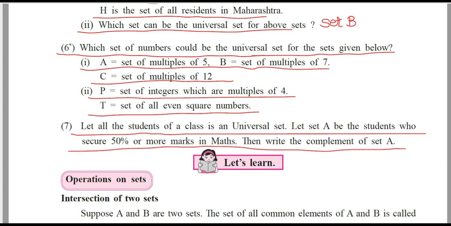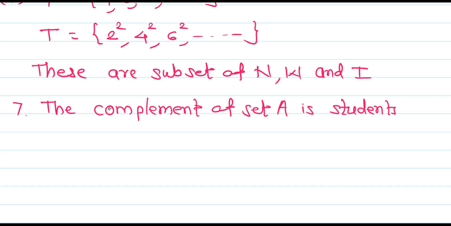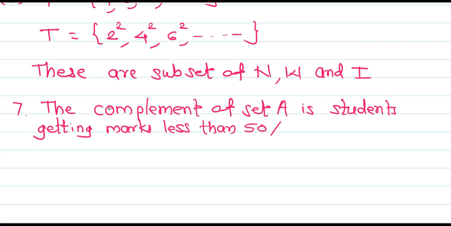Let A be the students who secured 50% or more marks in maths, then write the complement of the set A. The complement of the set A is students who score less than 50% marks in maths.